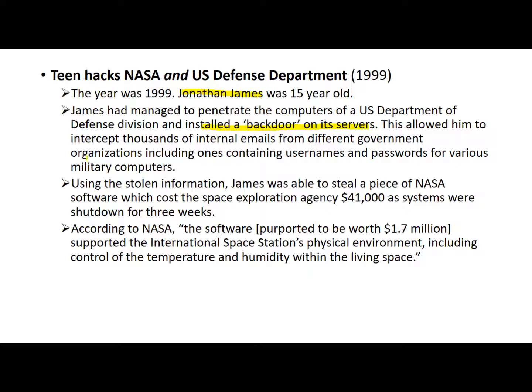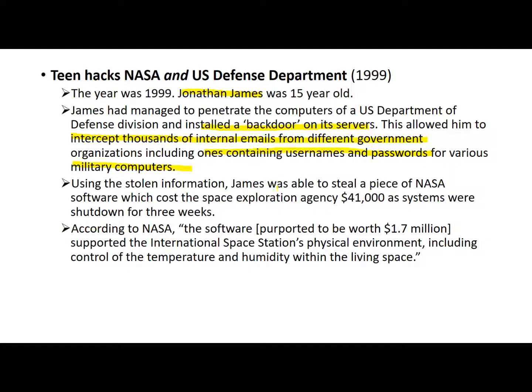This allowed him to intercept thousands of internal emails from different government organizations. These emails included the username and password for various military computers. He used this stolen information.